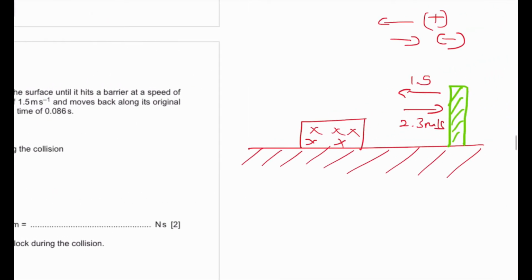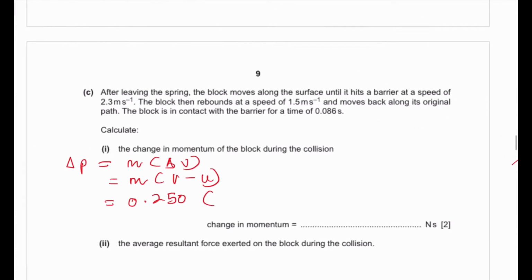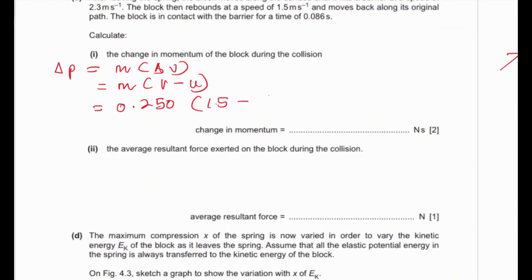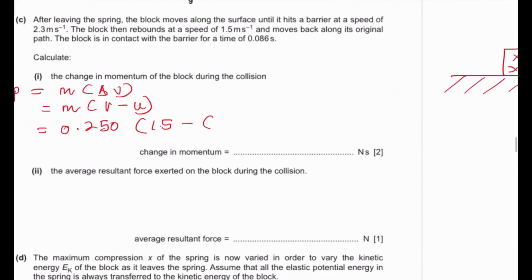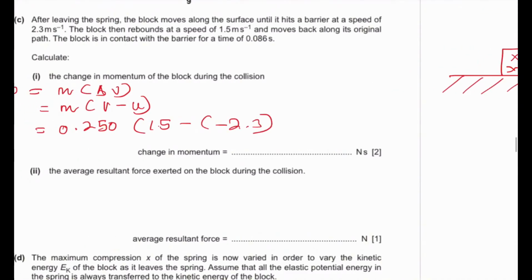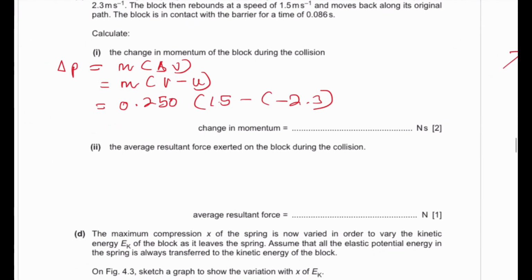My final velocity is 1.5 in the positive direction, subtract the initial velocity, which is in the negative direction, so negative 2.3. If you punch that in your calculator, that should give you about 0.95 newton second as your change in momentum.